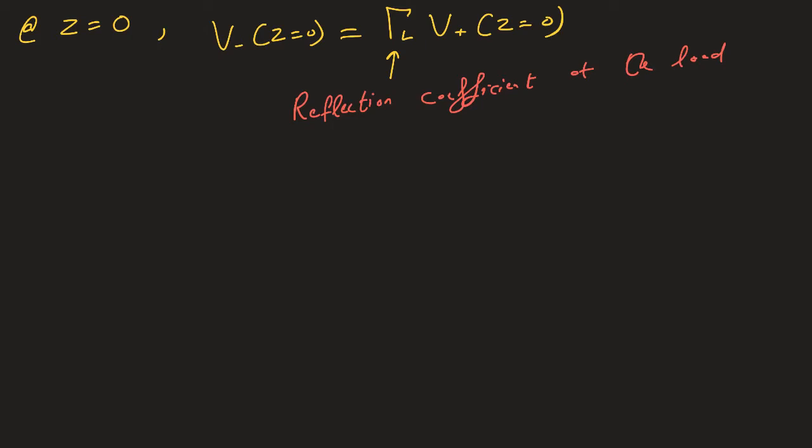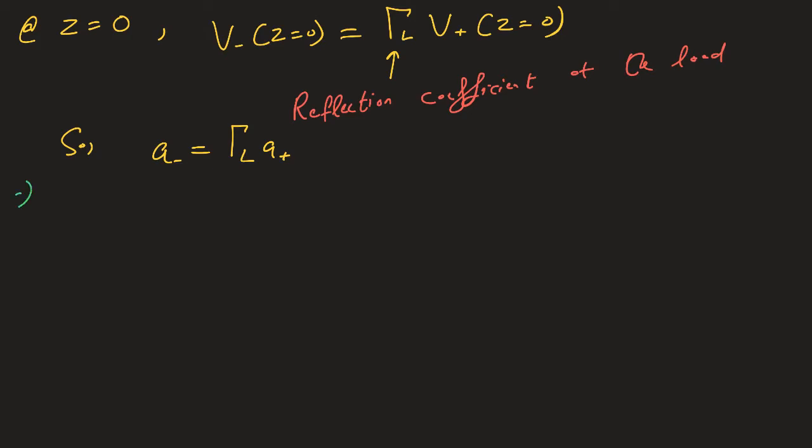So what this implies is that a minus becomes equal to gamma L a plus. The reflection coefficient tells us what is the amplitude of the reflected wave at z is equal to 0.